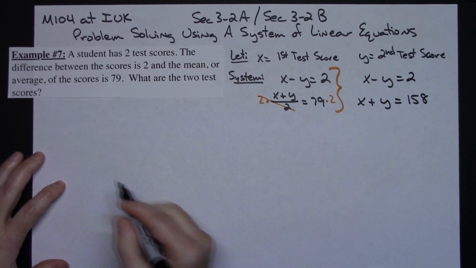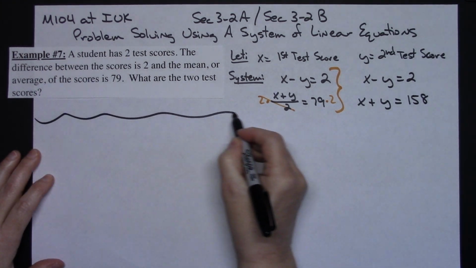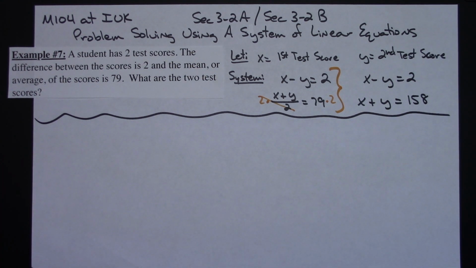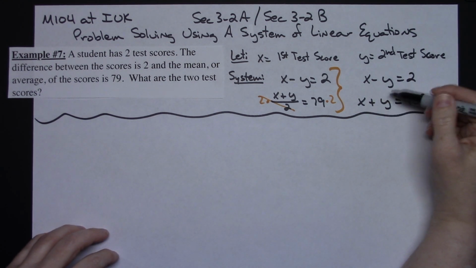Okay, now at this point, let's separate our work here. Actually, we've been doing about 3 steps for each one of these. This one is going to be a whole lot simpler, just because of the equations. Again, I'm going to use substitution, but you would not have to use substitution at all, because elimination would be set up really nice here.